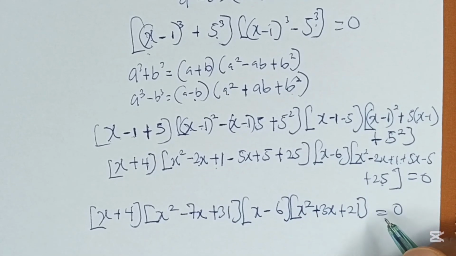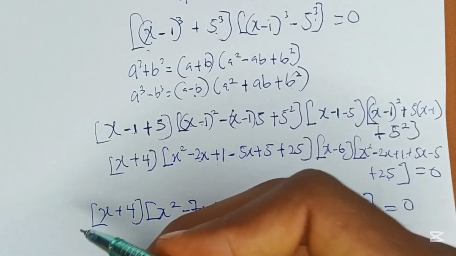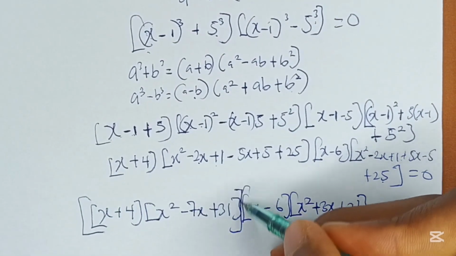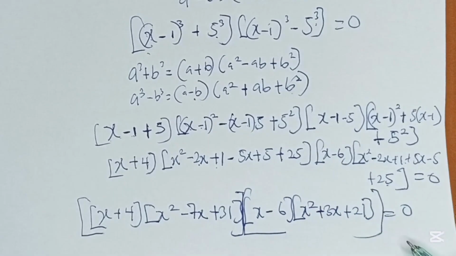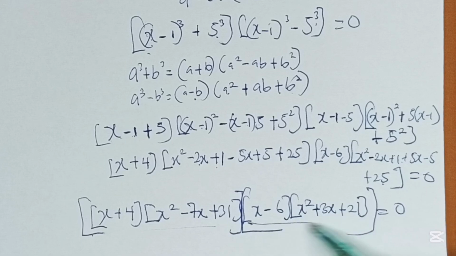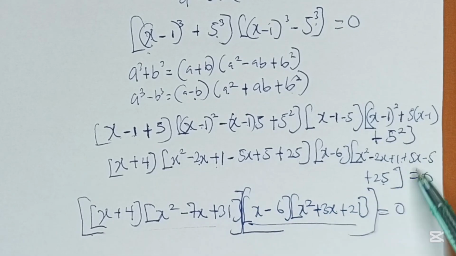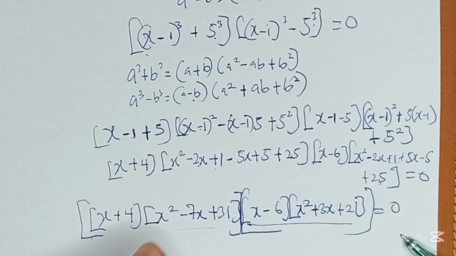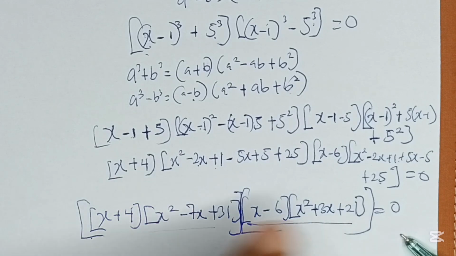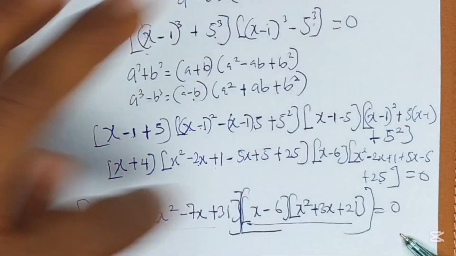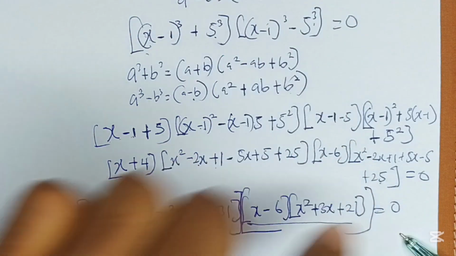Okay, so let me do something now. Let me decide to group this and then group this. Okay, so we're going to have this side and this side. Now when the product of two things is equal to 0, so when you have something like this, x plus 4 times this equal to 0 and this times this is equal to 0, it's either that this is equal to 0 or this is equal to 0.